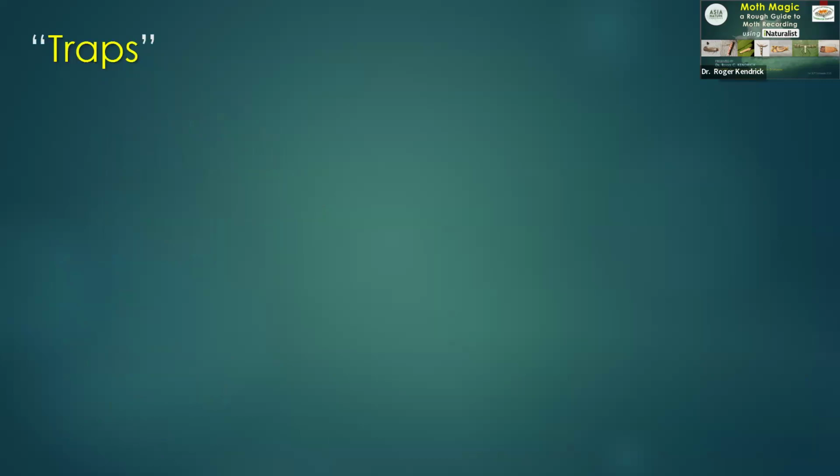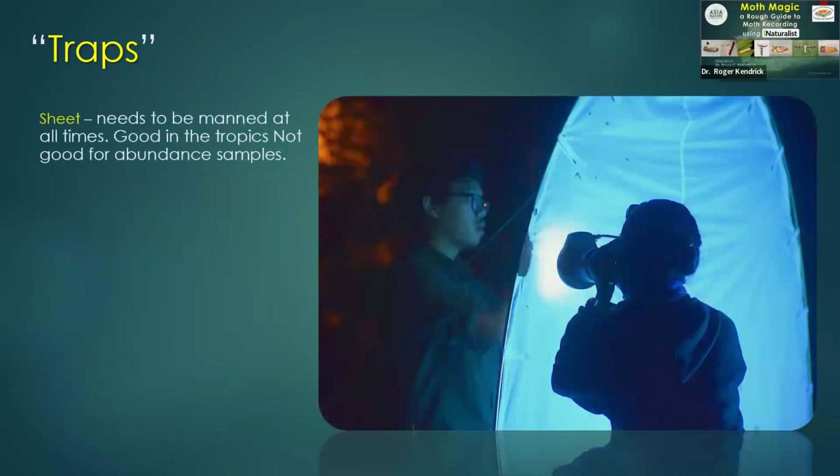Right. Lights are put in combination with traps of various designs. Easiest to see is to combine your light with a sheet. Downside, you've got to be at the sheet all the time. So that's great if you're wanting to be active by the sheet all the time.